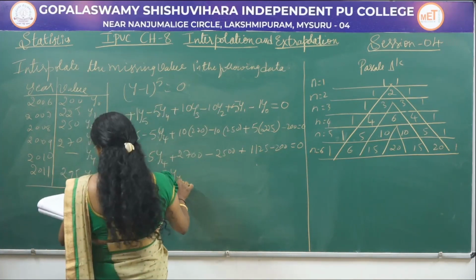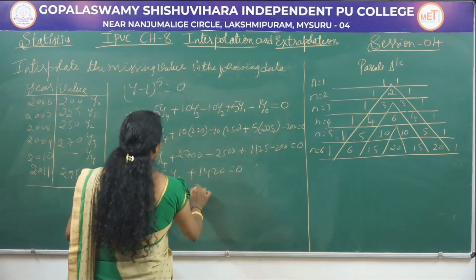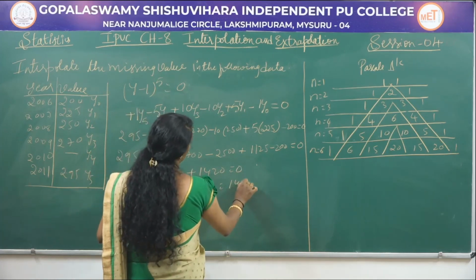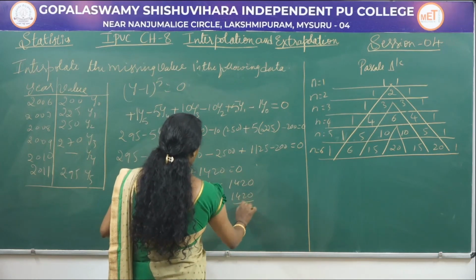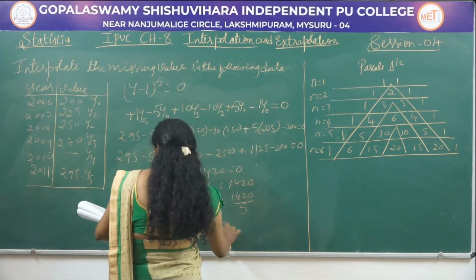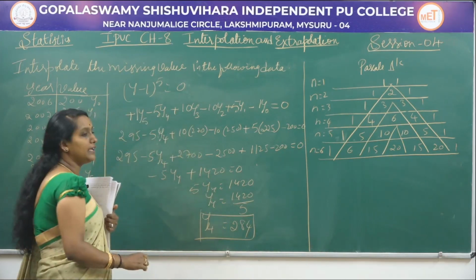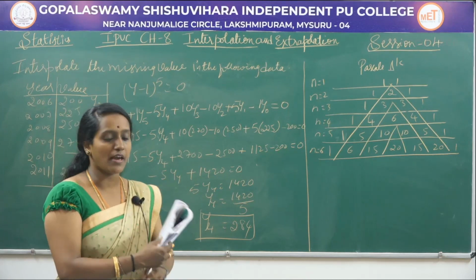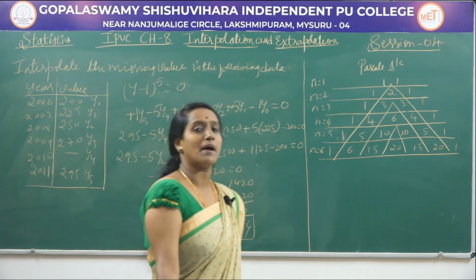Minus 5y4 plus 1420 is equal to 0. 5y4 is equal to 1420. y4 is equal to 1420 divided by 5. So y4 is equal to 284. This is how we have found out the missing values using the binomial expansion method.